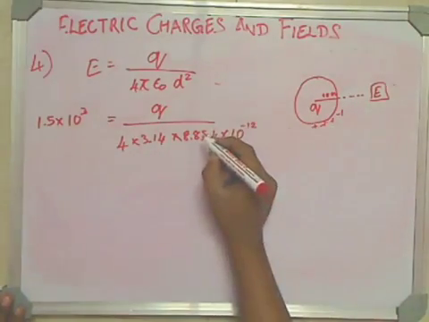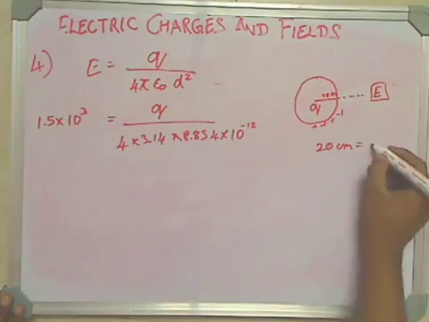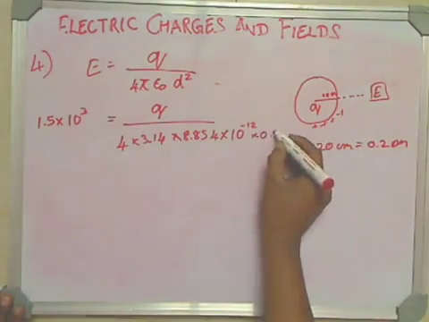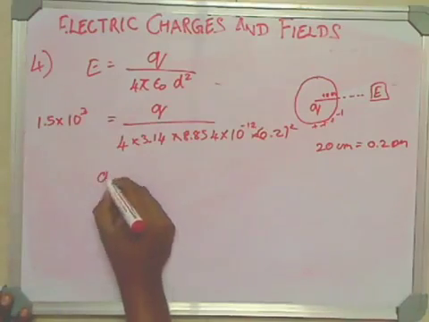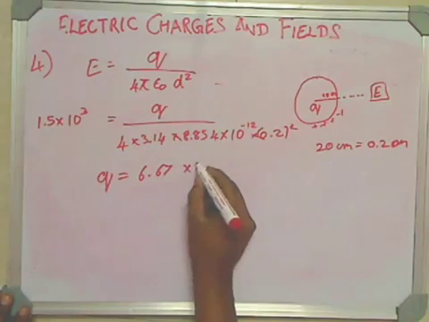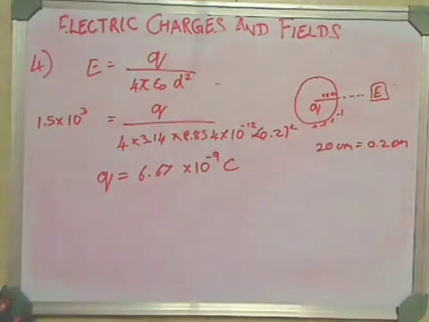Again, I need to convert the distance into meter. So 20 centimeters is nothing but 0.2 meter, so 0.2 squared. This, upon calculation, gives me Q equals 6.67 multiplied by 10 to the power of minus 9 coulomb.